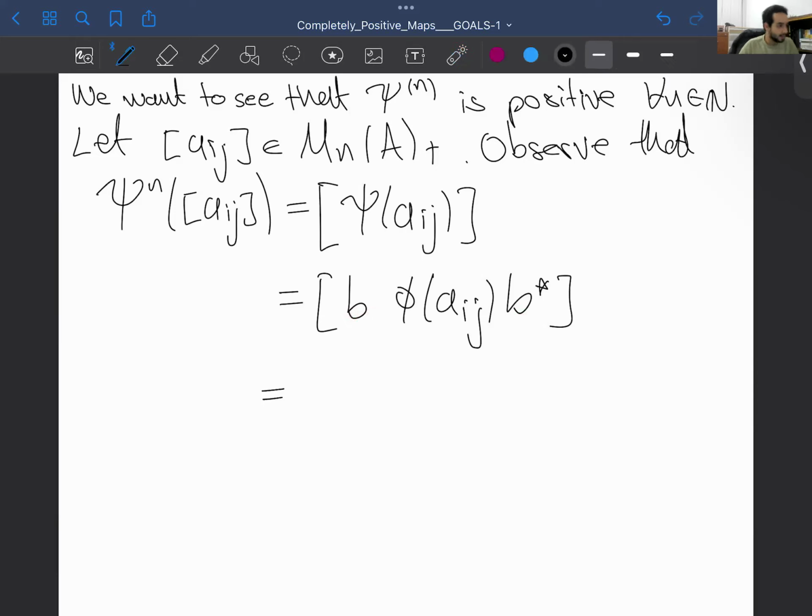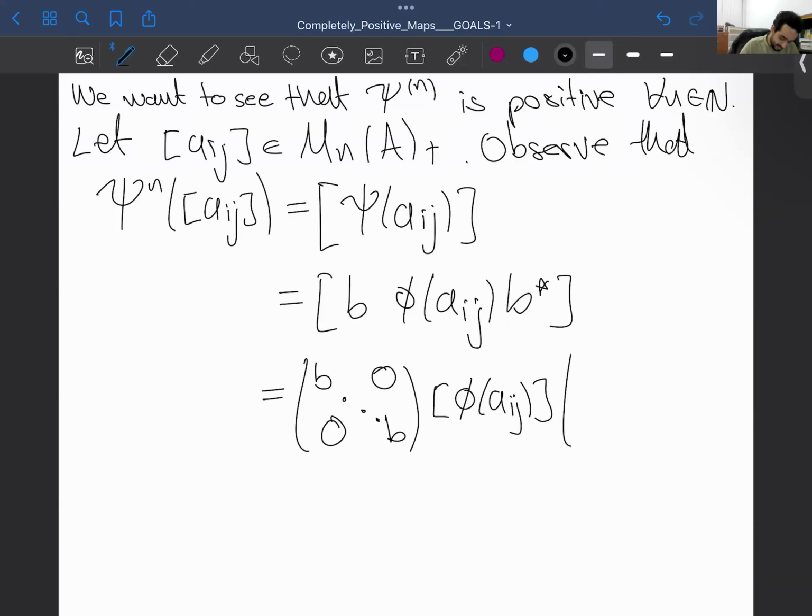So this is equal to the matrix which has b on its diagonal and zero on all the other entries, this other matrix, and b star.